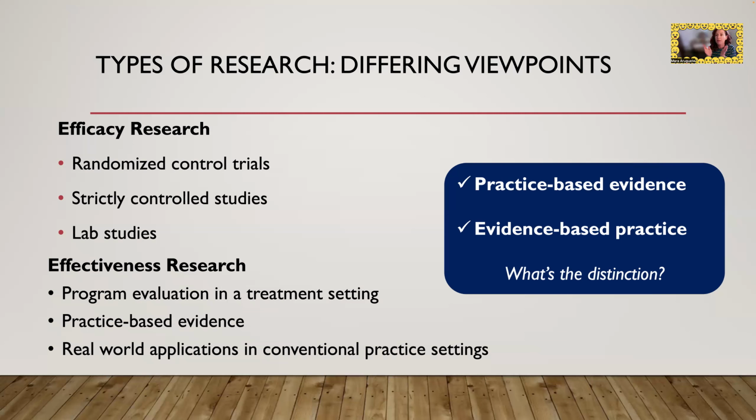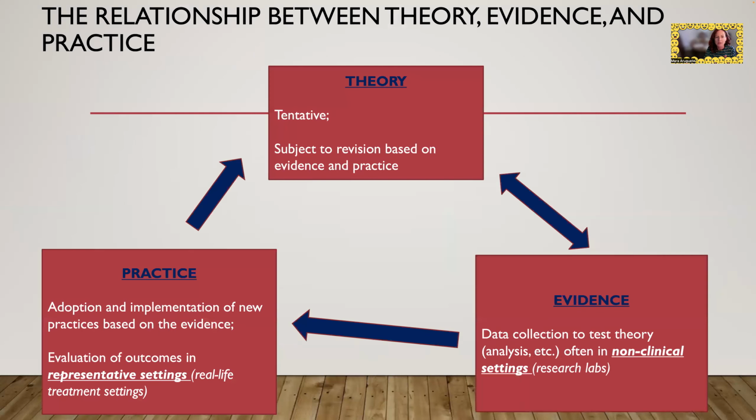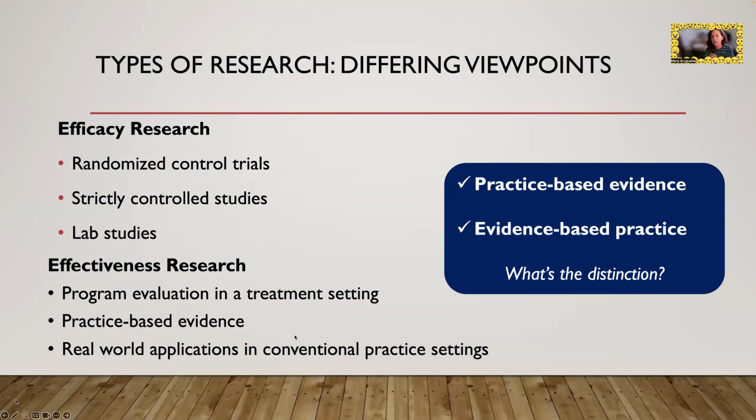It's evidence that, remember in the last slide, may affect the theory here and importantly contributes to the theory, okay? But we talked last time in objectives 1 and 2 about evidence-based practice, and that's where practices are implementing evidence that has been shown in laboratory studies. So they're just using it. They're not necessarily producing evidence of their own.